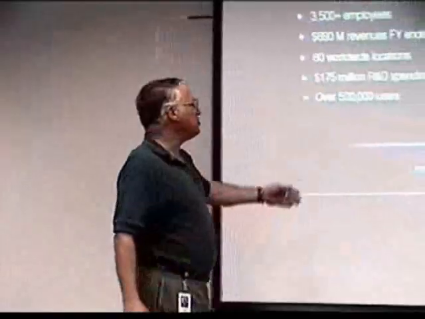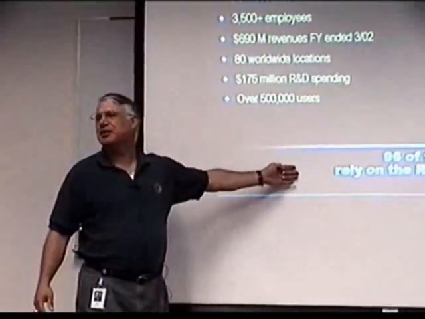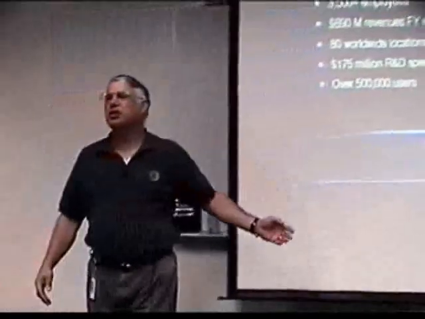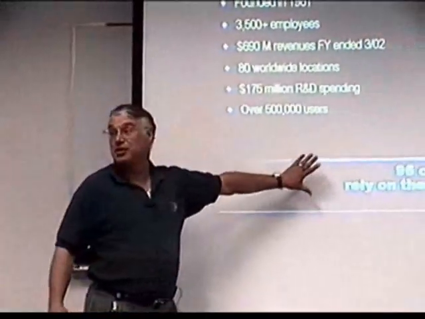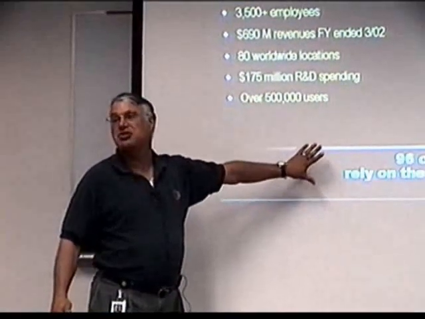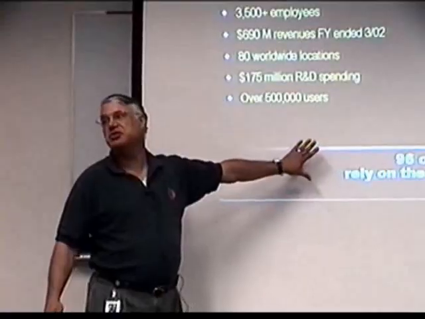Well, this slide basically says, be like Mike. If 96% of the Fortune 100 companies use Rational, maybe if you used Rational, you'd get into that select group. So this is basically telling people that by and large, companies that use Rational are amongst the most successful companies in business today.